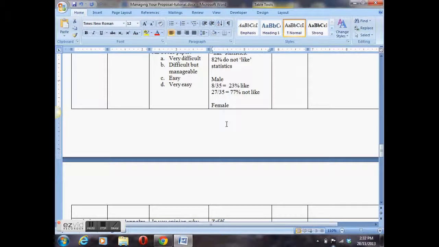Overall, the majority do not like statistics. But based on gender, we see that most males do not like statistics, but most females love statistics very much. So when we go into that detail, we gain a better understanding of the issue.